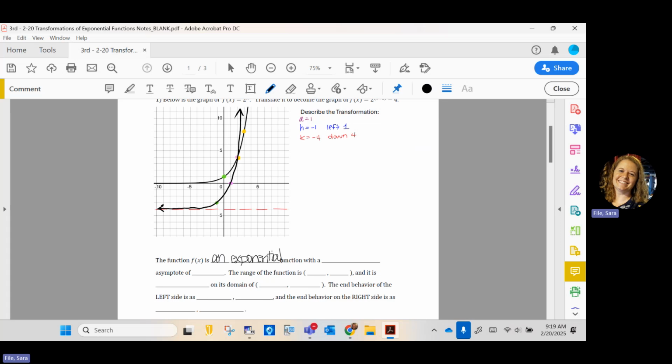Now it says with a blank asymptote, because asymptotes can be vertical, they can be horizontal. We are not going to have vertical asymptotes in exponentials. We'll talk about vertical asymptotes later with other functions, but not exponentials. Exponentials, that asymptote that we drew is horizontal.